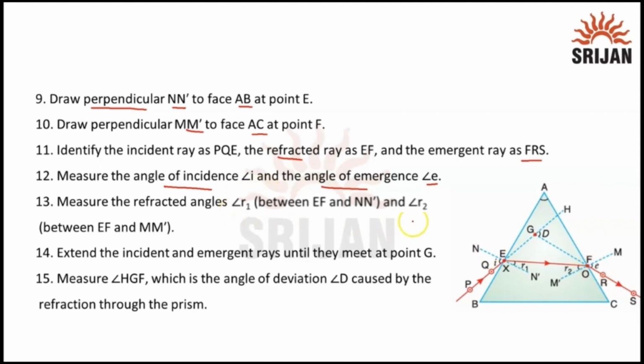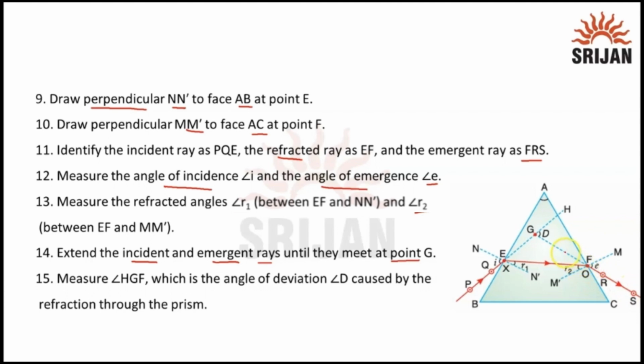Measure the refracted angles R1 and R2, and extend the incident and the emergent rays until they meet at point G. This was supposed to be the original path of the incident ray, PQEGH. However, it got refracted in this direction, RS.